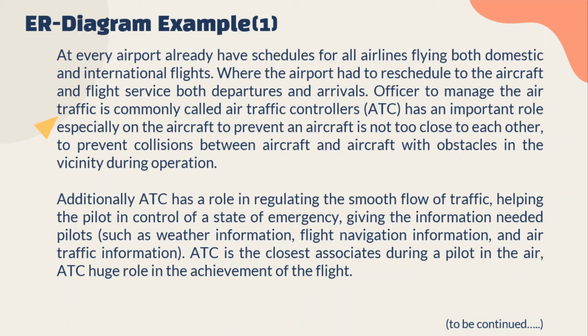Additionally, ATC has a role in regulating the smooth flow of traffic, helping the pilot in a state of emergency, and giving the information pilots need, such as weather information, flight navigation information, and air traffic information. ATC is the closest associate of a pilot in the air, and ATC has a role in the achievement of the flight.